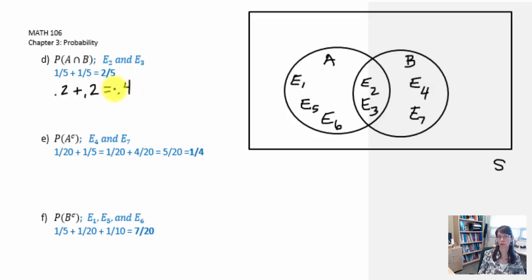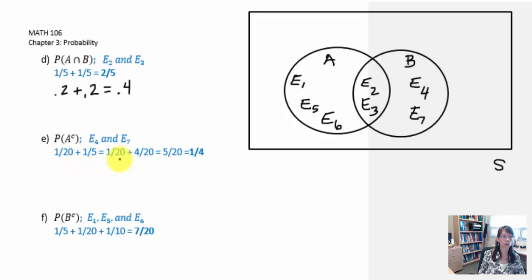For example E, we're looking for the probability of the complement of A. That means all of the points that are not in event A. So that would be E4 and E7 only. So E4 and E7 are worth 1/20th plus 1/5. So there it's a little more complicated to find your common denominator first.